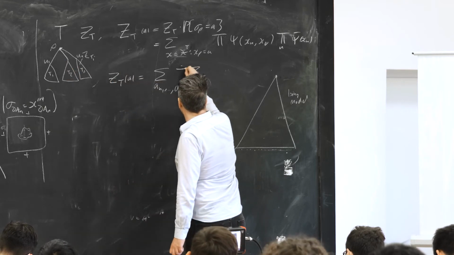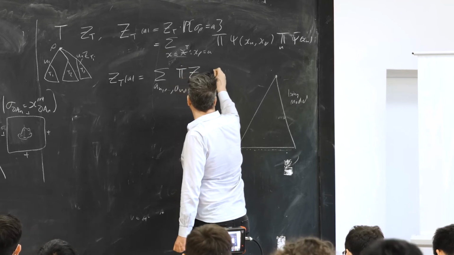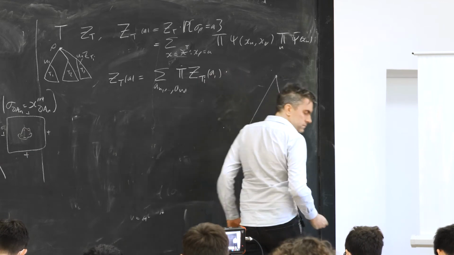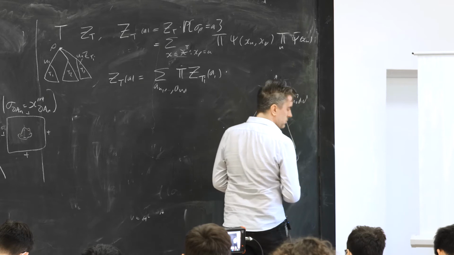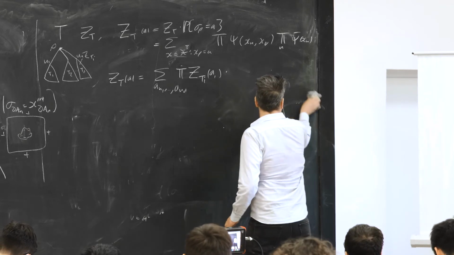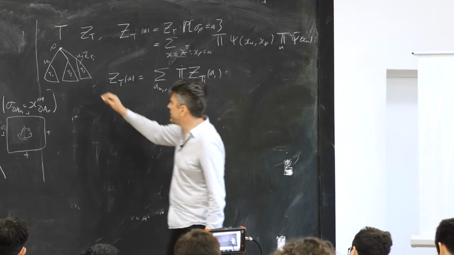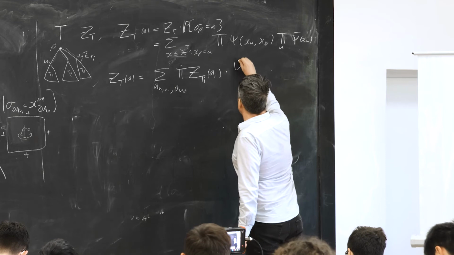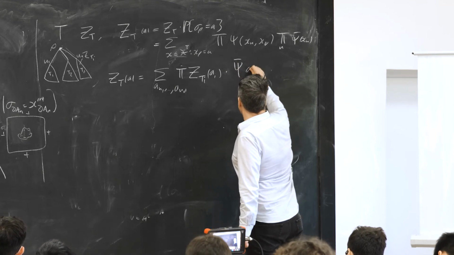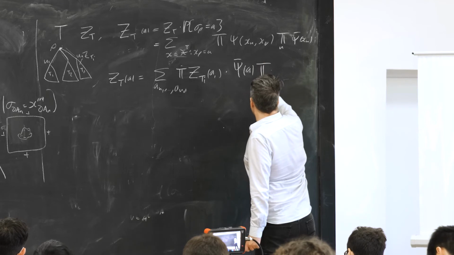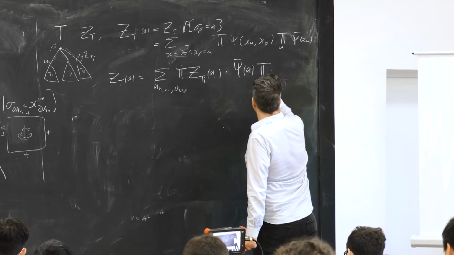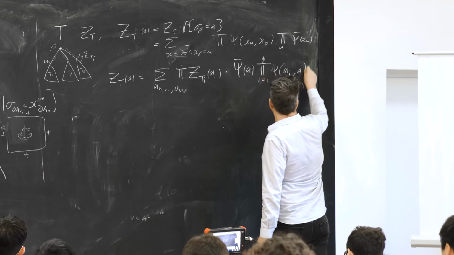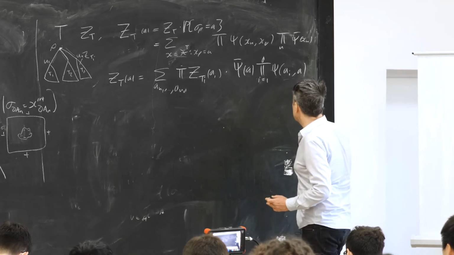So I have a product of Z_{T_i}(A_i), and then the contribution from these edges and this vertex, psi hat of A, times the product over i of psi(A_i, A).